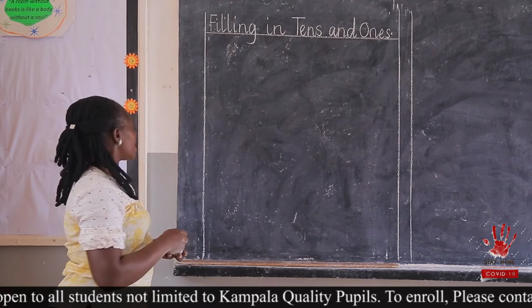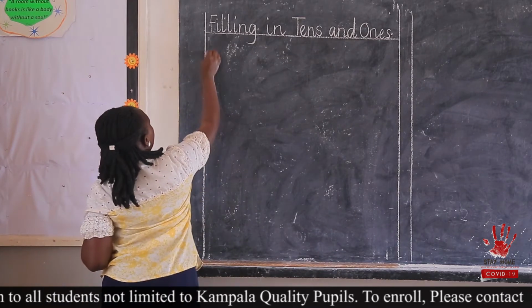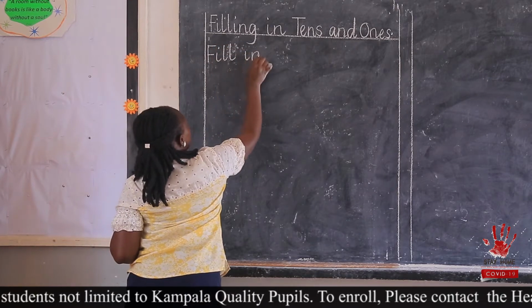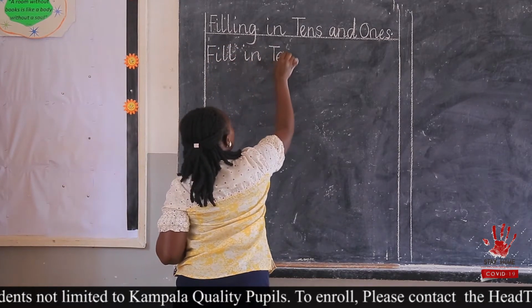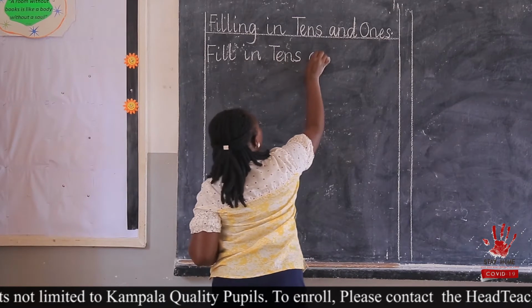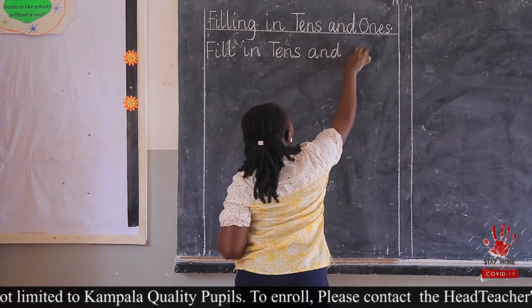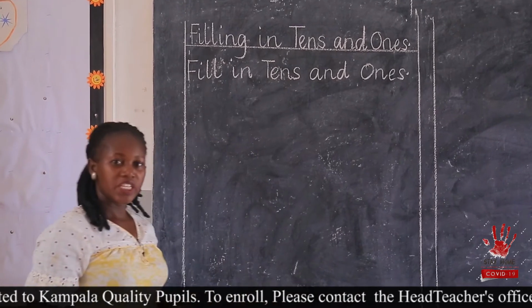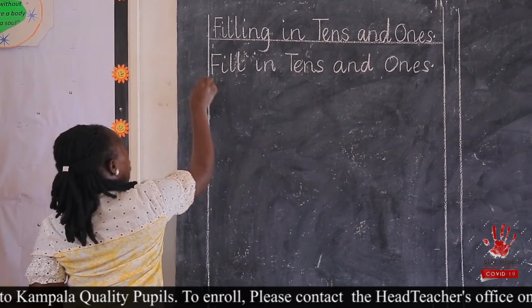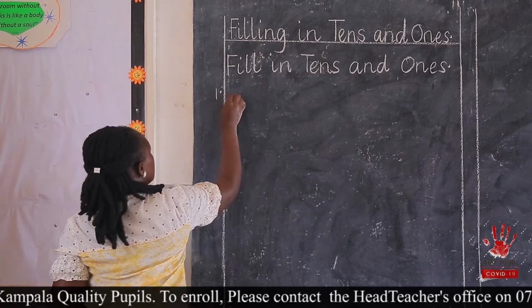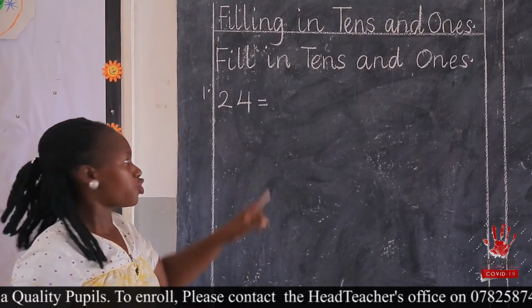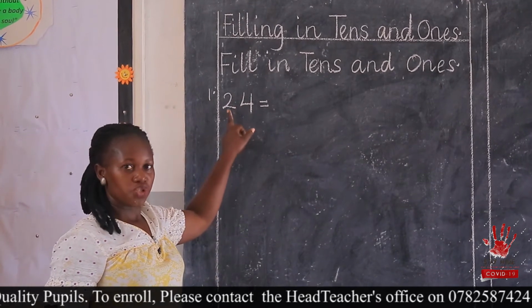For example, look at this. We are going to fill in tens and ones. My number one is here. I have 24.